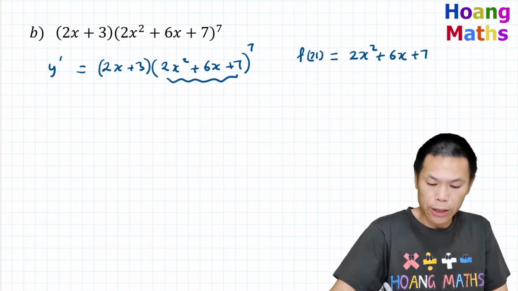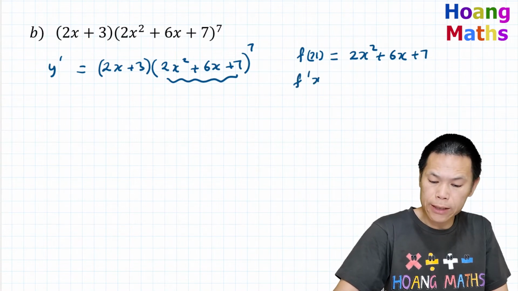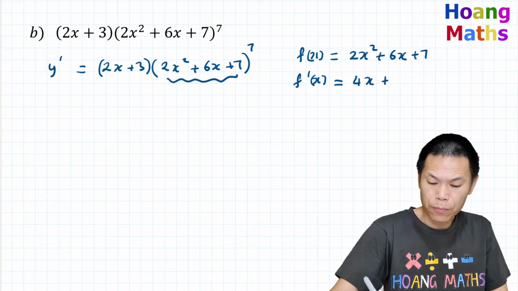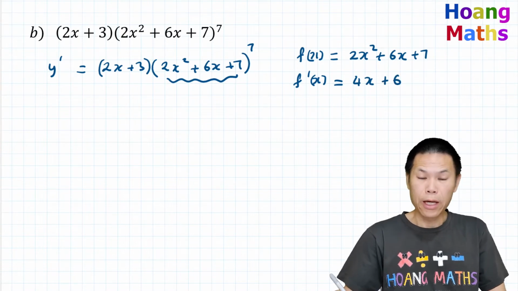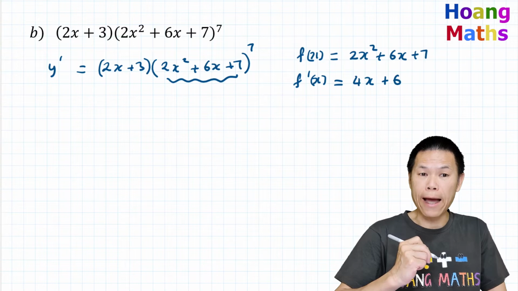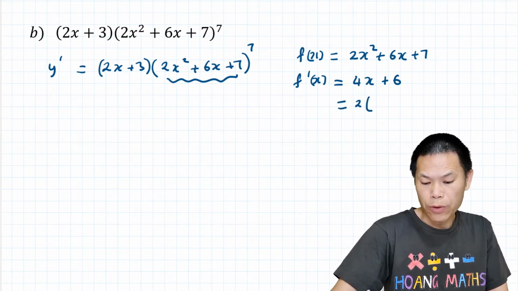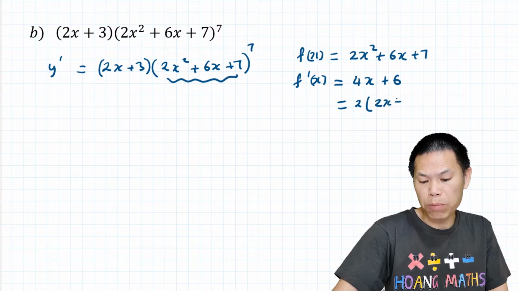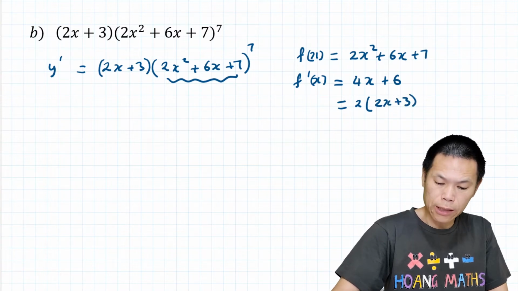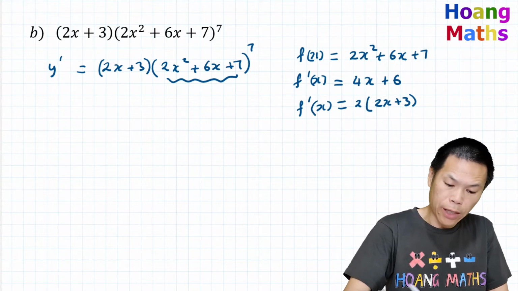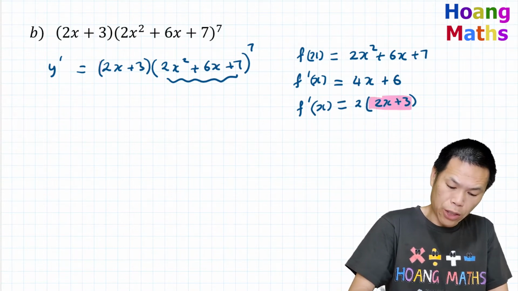So we differentiate this. So f dash x gives me 4x plus 6. And then if I take the common factor out, the common factor for this is 2. So that will give me 2 times (2x plus 3). And this is f dash x, of course. And if you think about it, this is this function here.